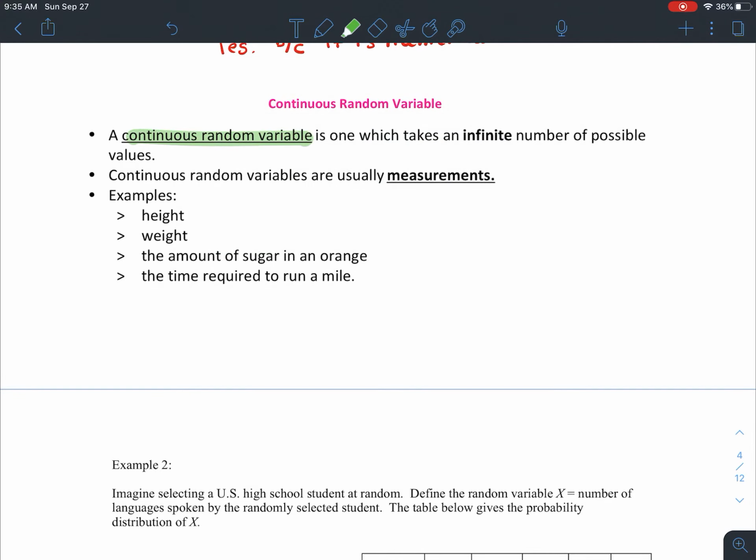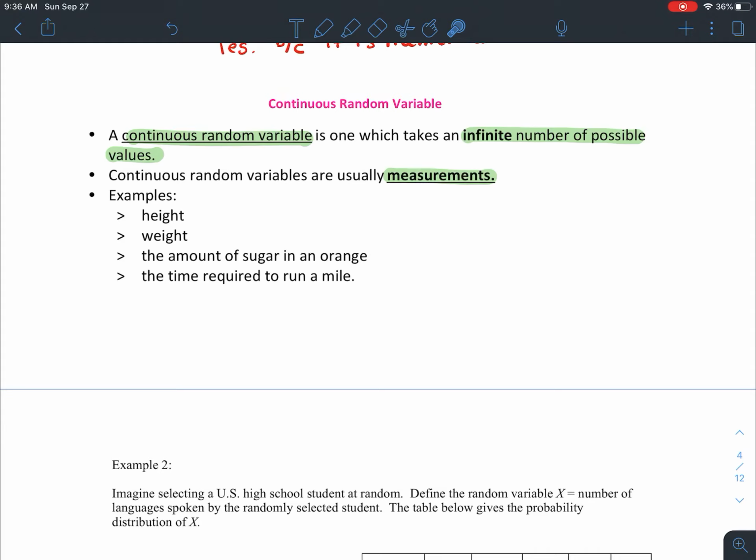Okay, so if a discrete random variable can have gaps in between the values, a continuous random variable would be a random variable which could take on an infinite number of possible values. You want to think of a continuous random variable as being a measurement.